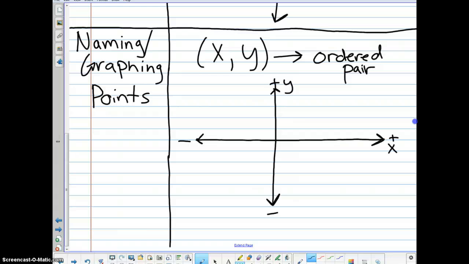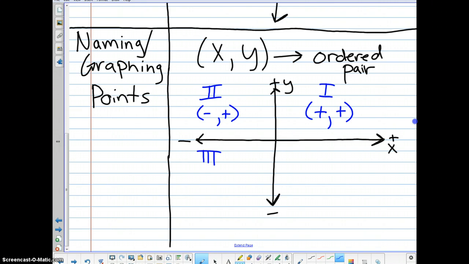This should give you some vantage points to help you remember, oh, in quadrant 1 they're both positive. In quadrant 2 the X is negative but the Y is positive. So what I'd like to do is actually show you how it's going to look for each ordered pair. So in quadrant 1 the X is going to be positive and the Y is going to be positive. In quadrant 2 the X is going to be negative and the Y is going to be positive.